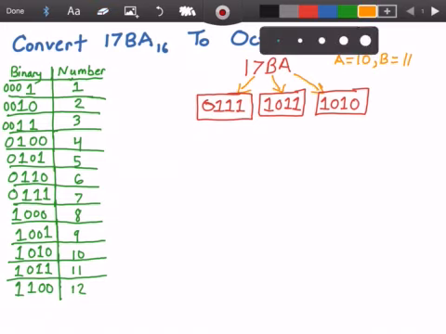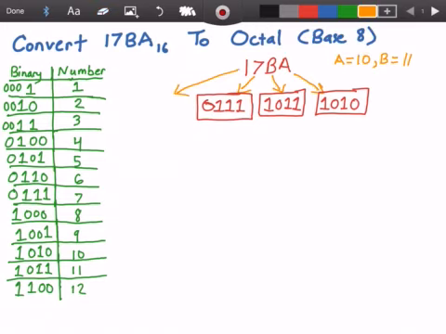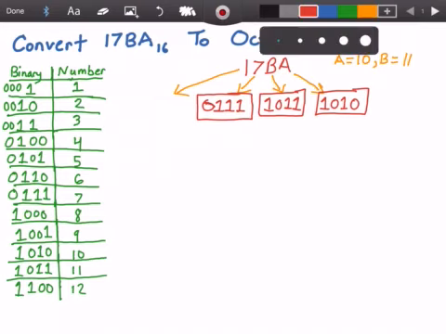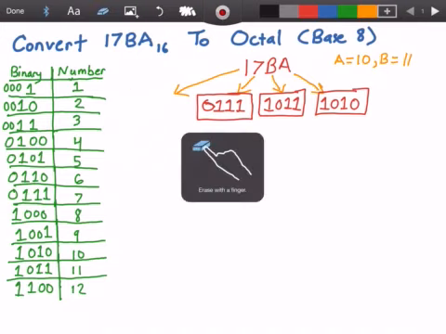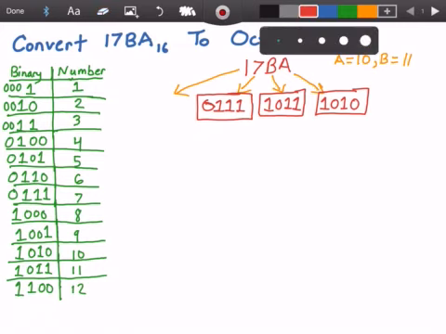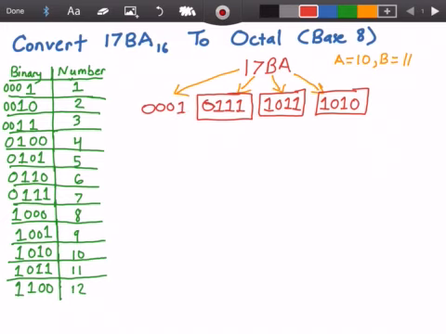And last but not least, we're going to convert the number 1. Looking at the number 1 in the chart, we see that the binary representation is 0001. So that's what we're going to put here, which is again 0001.